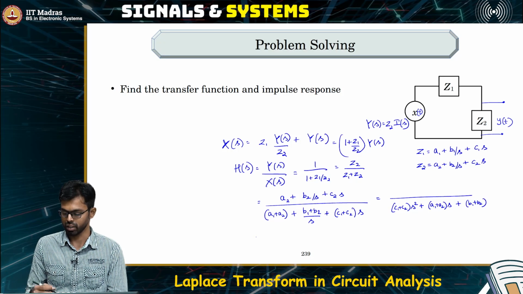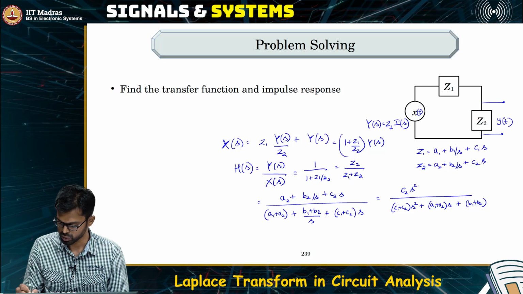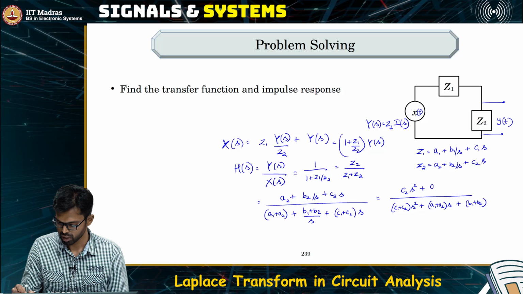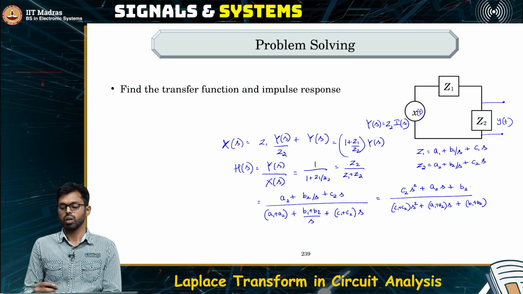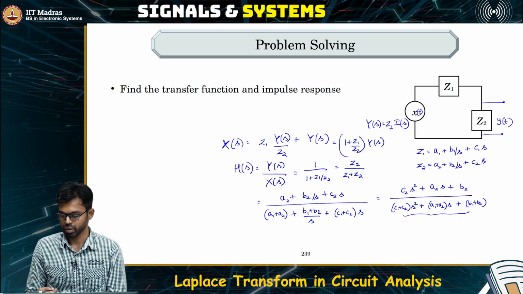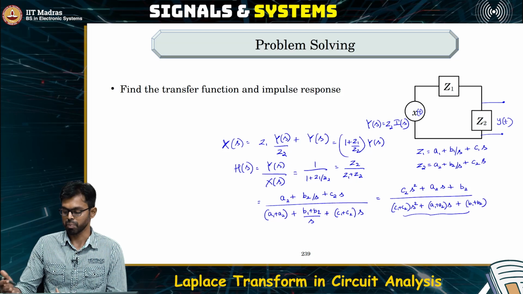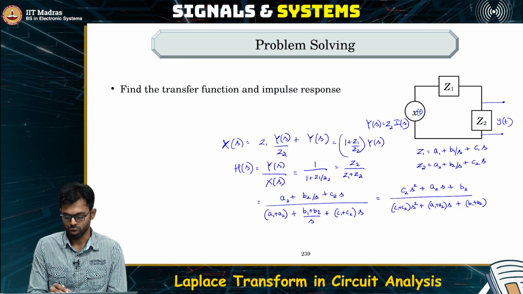Basically, we are just multiplying and dividing by S everywhere, and you get C2 S square plus A2 S plus B2. Now, if you just find the roots of the numerator and the denominator and simply take the partial fraction solutions, then you would be able to find out the impulse response.